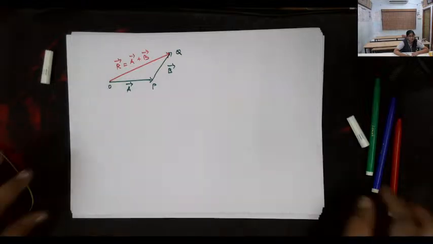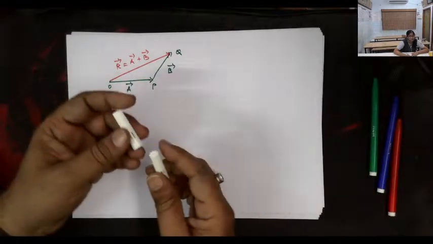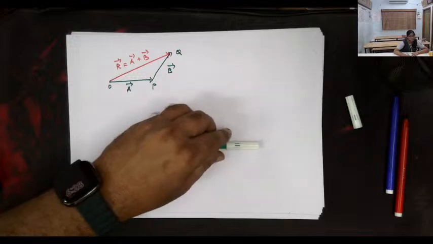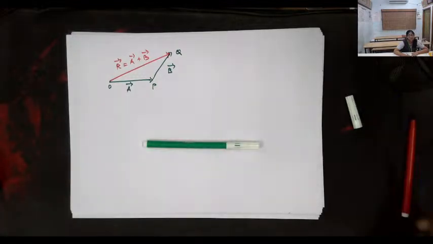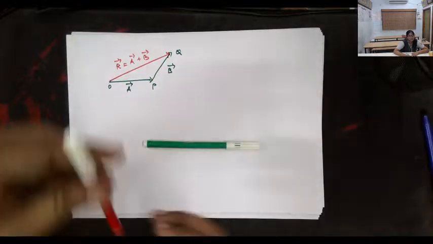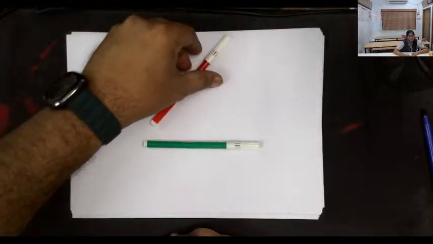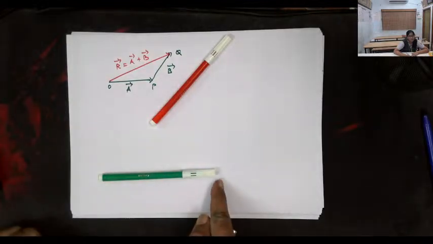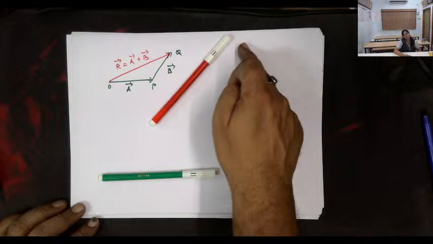You should remember, for example, let me consider this as vector A, and I'm having another vector B. It is like this. Okay, so this is the head, this is tail, this is head, this is tail.